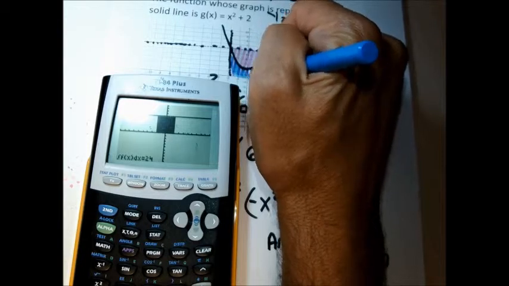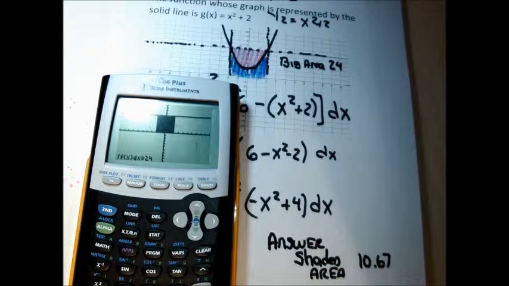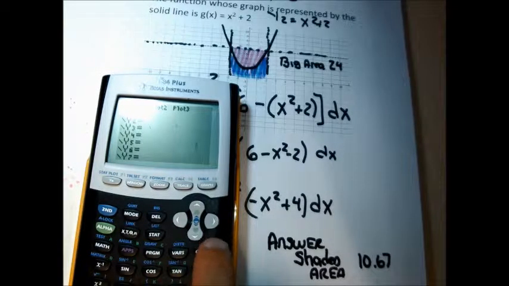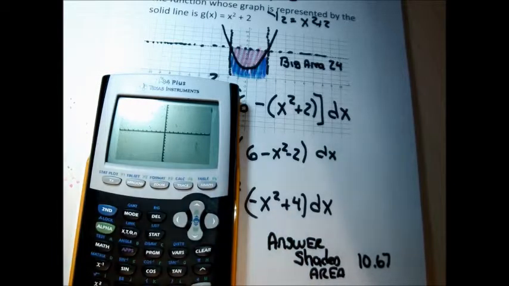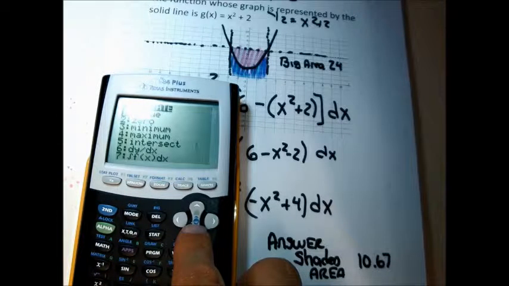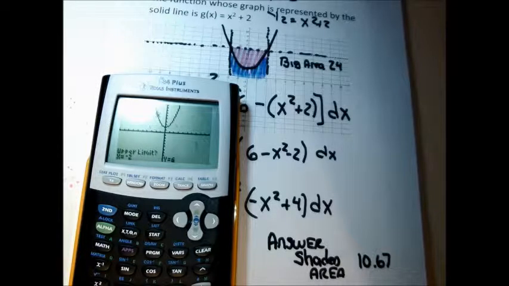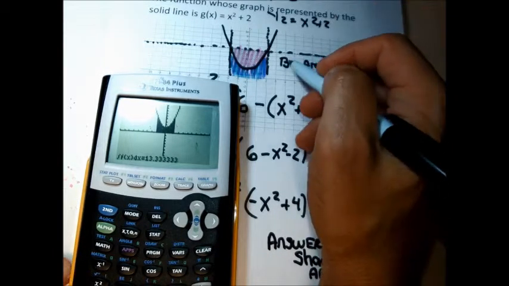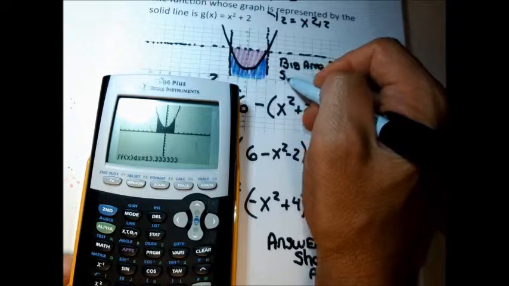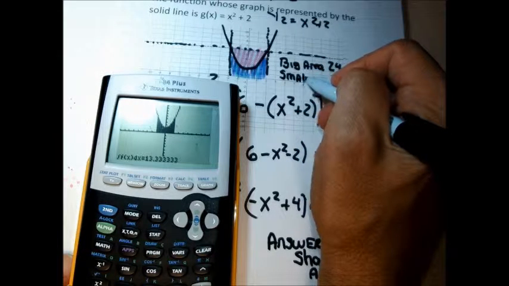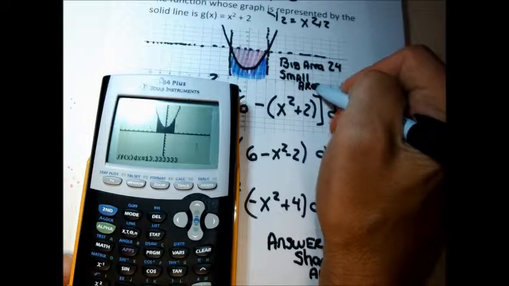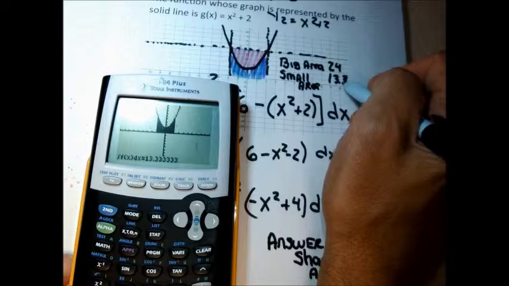I'm going to do that in blue. And to do that area, I'm going to have to enter that function, clear, so x squared plus 2, graph it, and there's the parabola that I have there. And I'm going to, again, second calc, integrate between -2 and 2, and it gives me the lower, or the smaller area, which I have in blue, is 13.33.